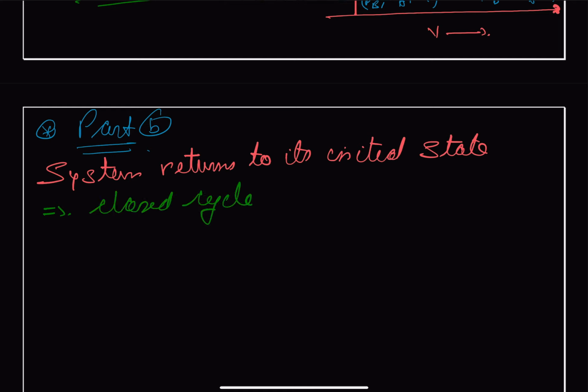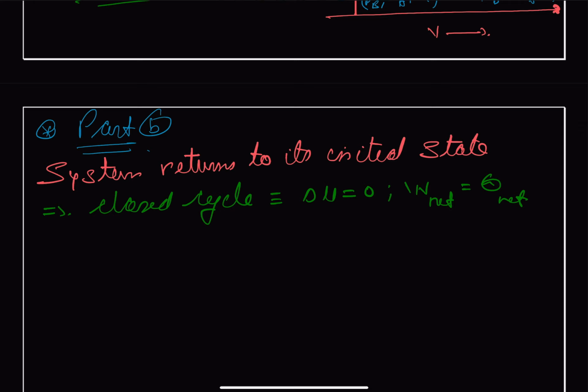For this closed cycle, our internal energy change will be equal to 0, and our net work done will be equal to Qnet, because as per the first law of thermodynamics.